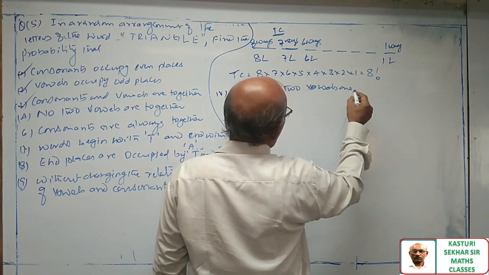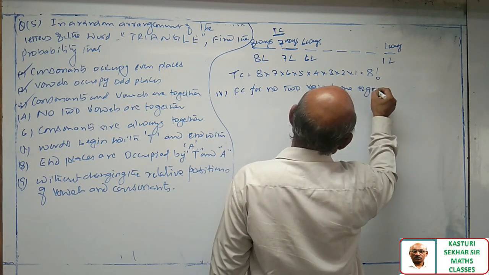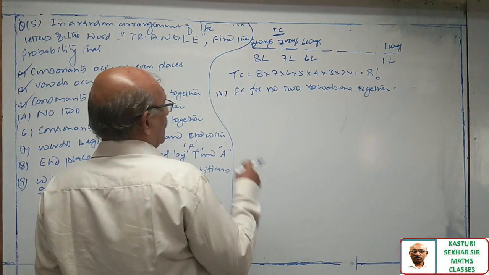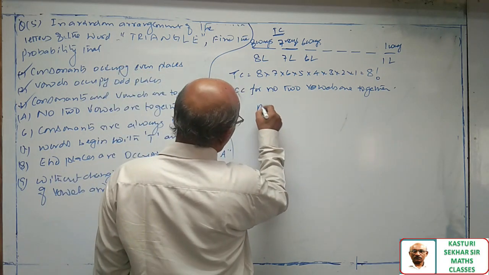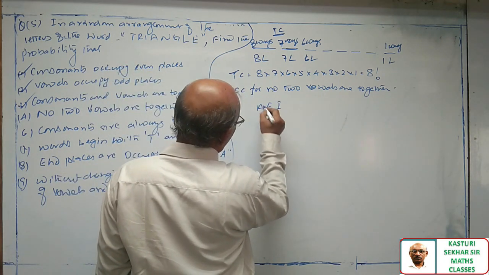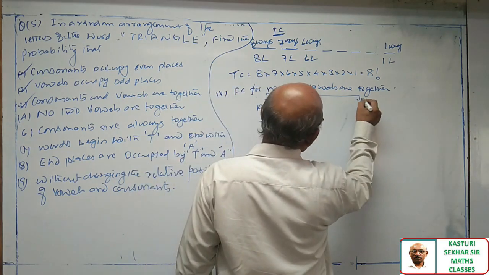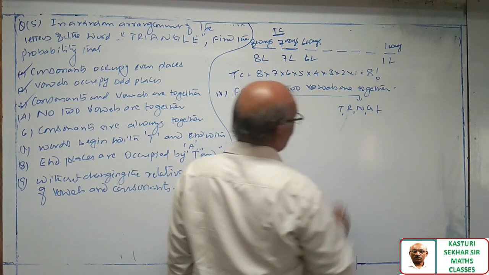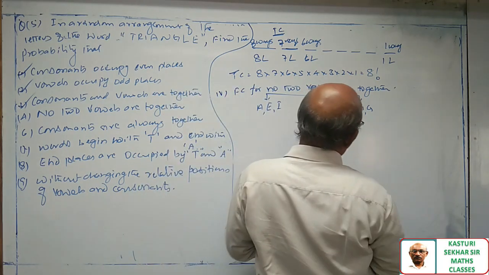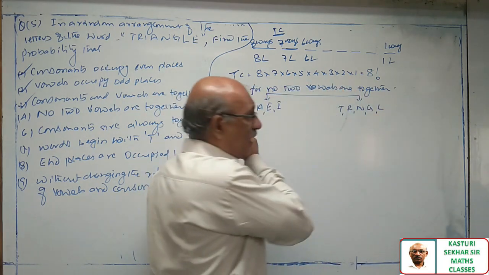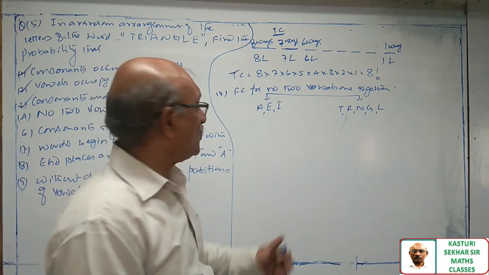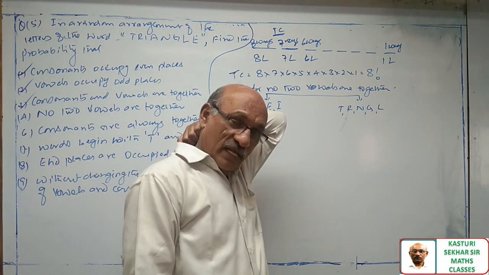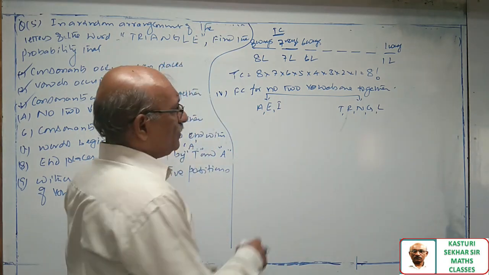So when no two vowels are together, these 3 vowels I am putting at one side, consonants I am putting at other side. We have restrictions only on the vowels, sir. Consonants are free. There is no restriction on consonants.